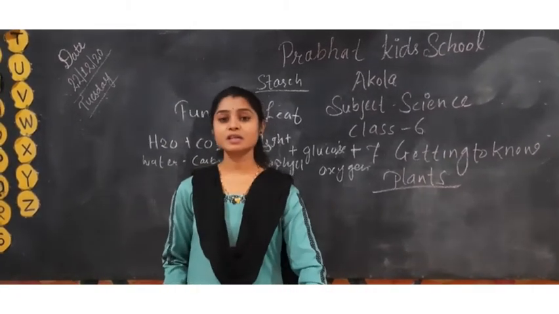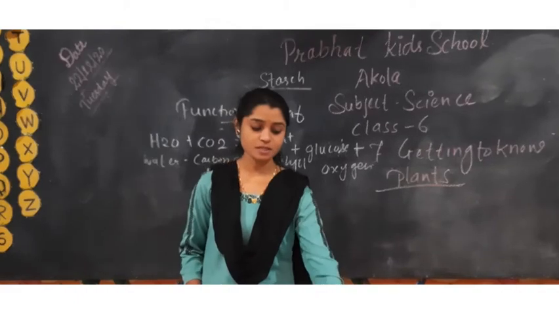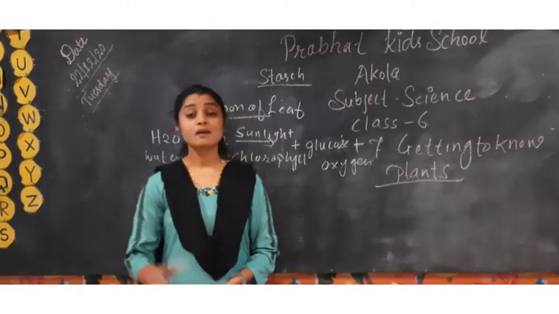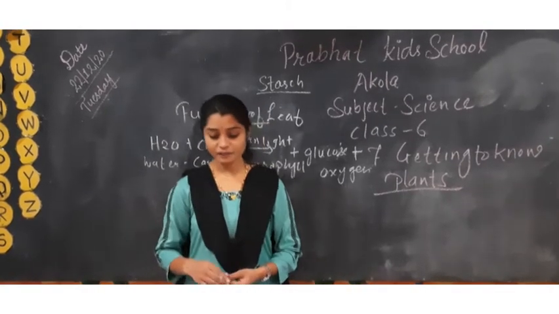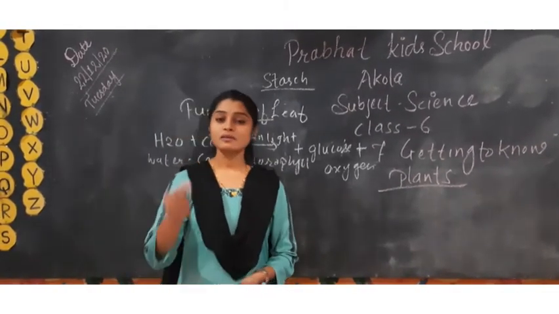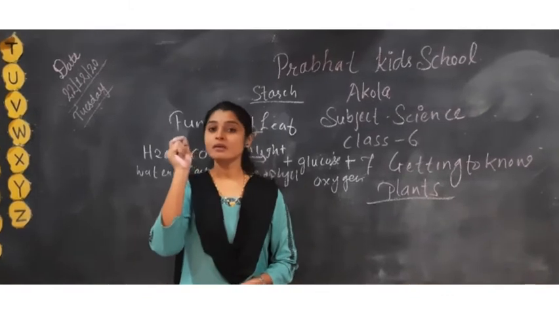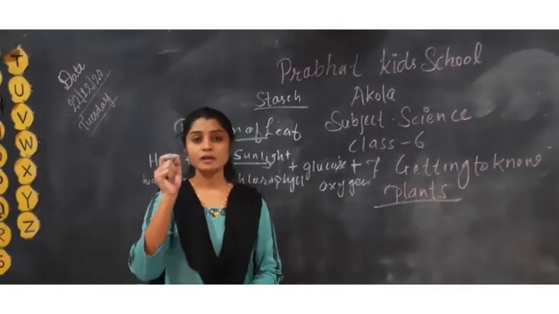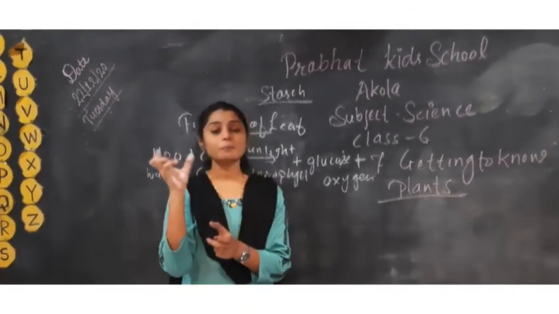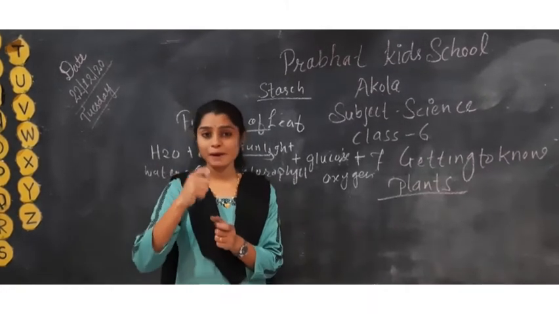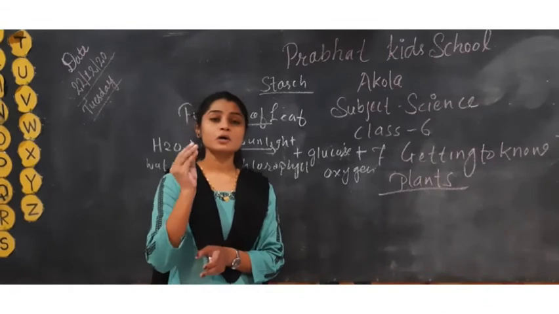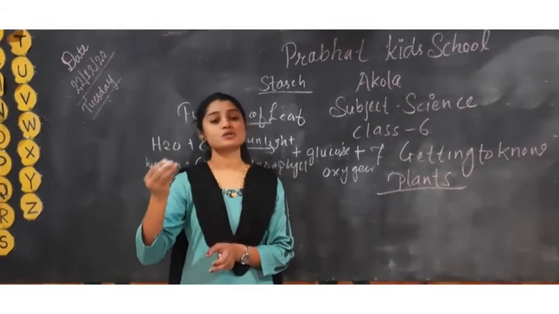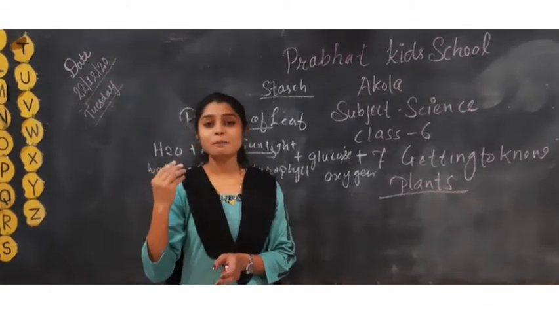Now the next function is the transpiration process. Now what is transpiration? One activity is already given on page number 56. In that, you have to take a shrub, and you have to cover one part of the shrub with a polythene bag. Then you have to notice that after some time, some amount of water droplets are collected inside the polythene bag.